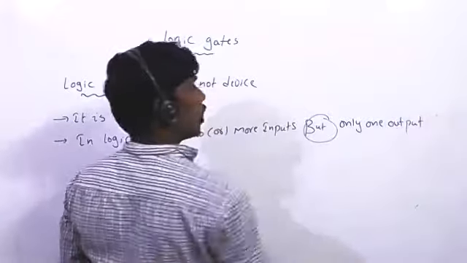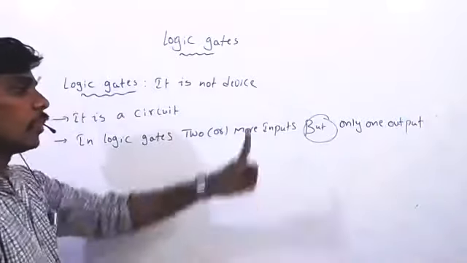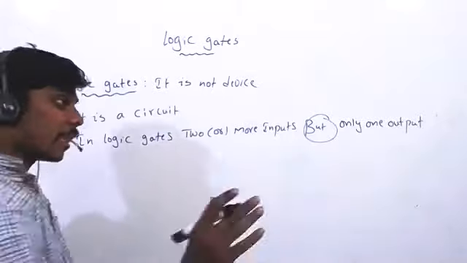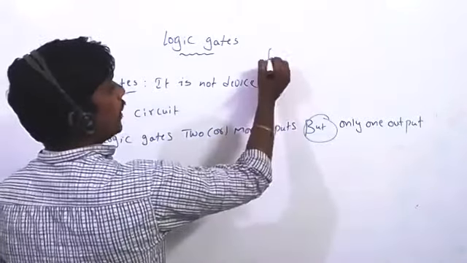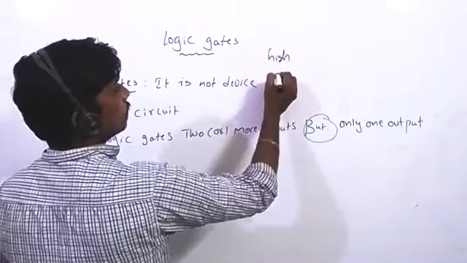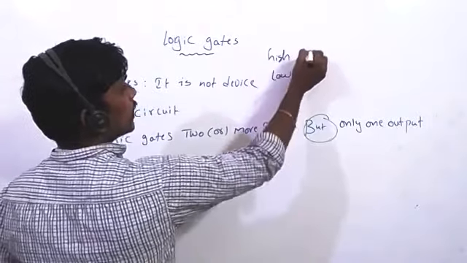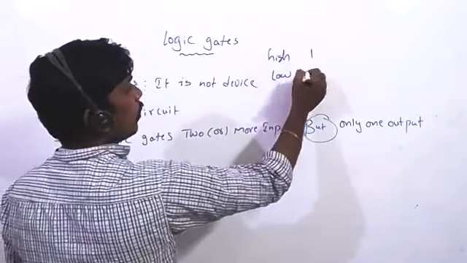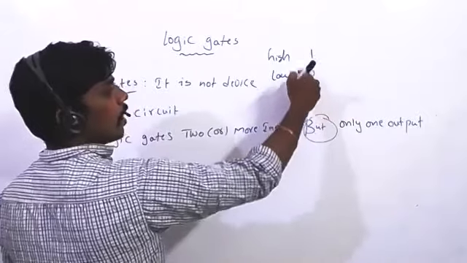That is the specialty. However many inputs we give, only one output will be there. That output is either high or low. High means 1, low means 0. So 0 and 1.